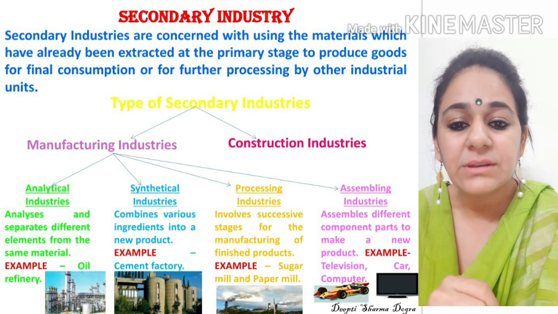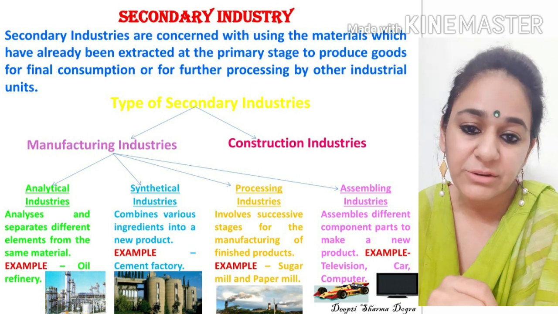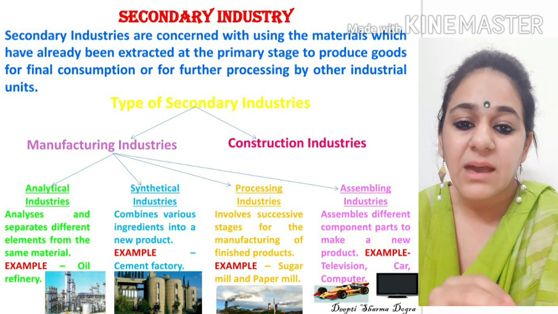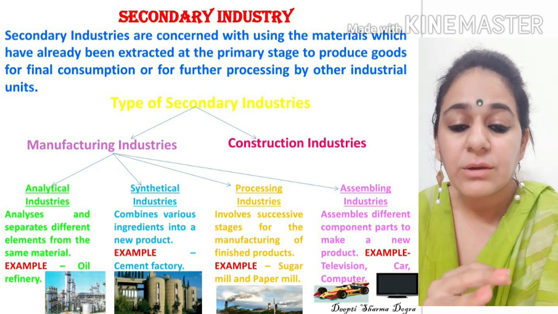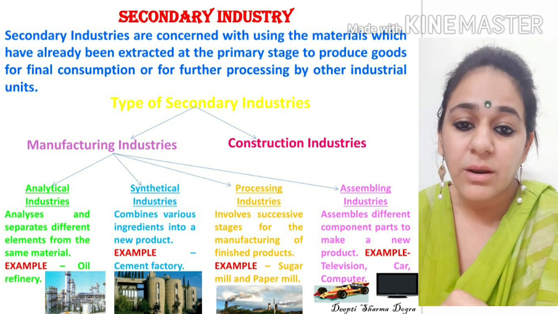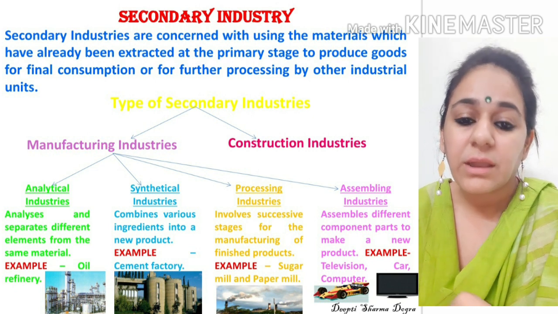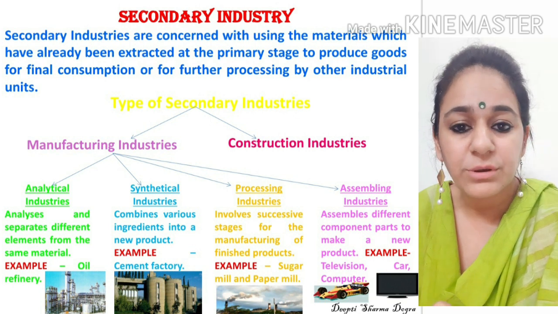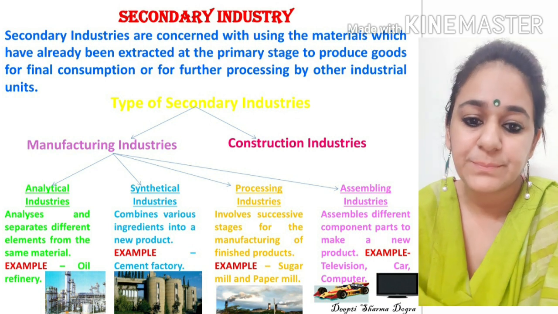And the example for this is cement factory. Clay, limestone, sand, alumina, ironstone, these are all different ingredients which are combined together in different process, obviously, to make a single product, that is cement.